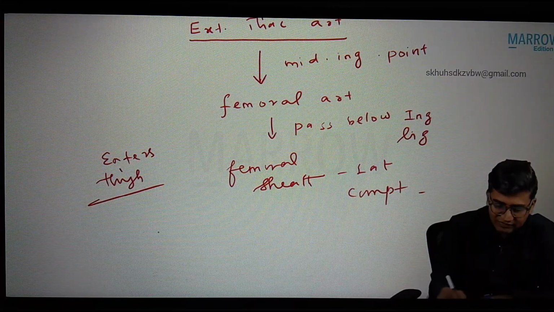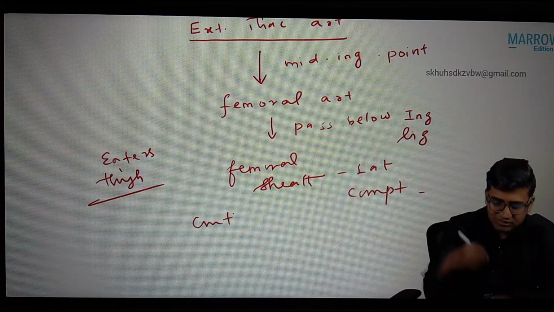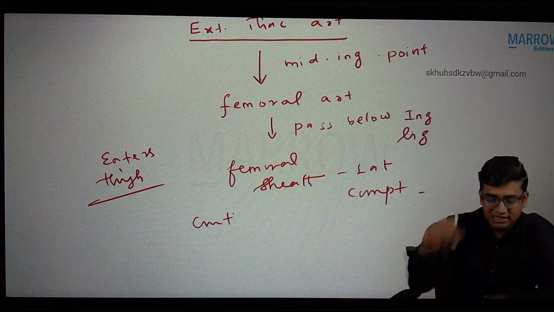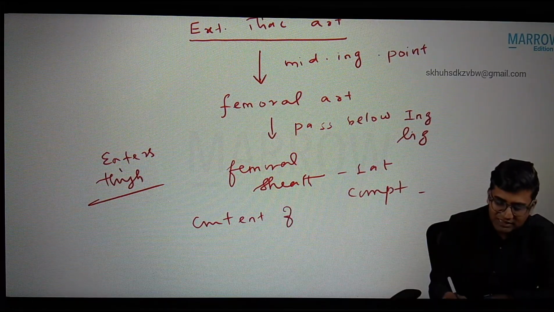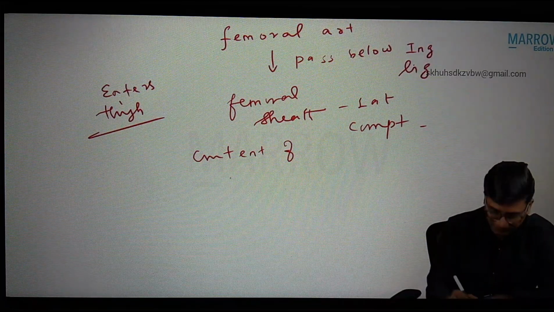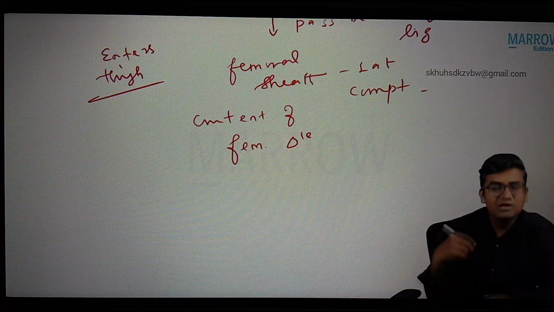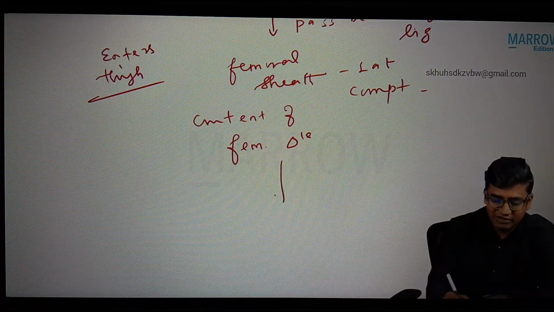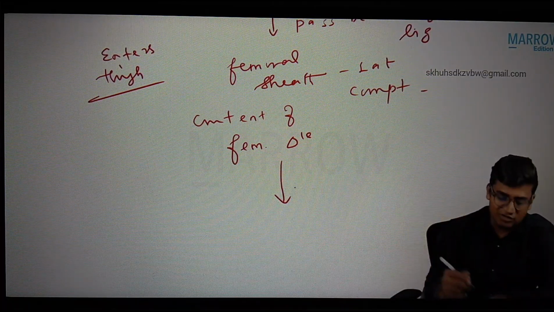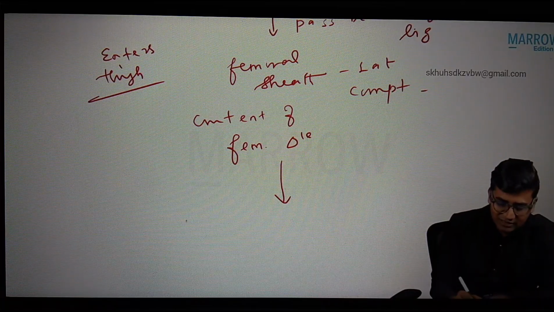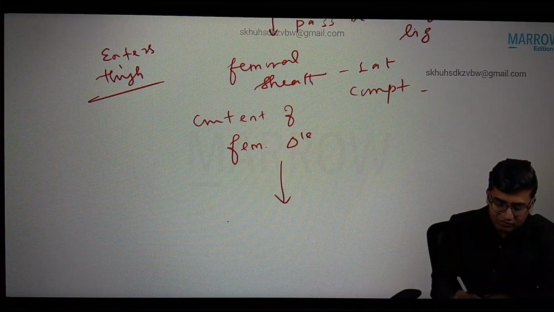So the femoral artery, by being present inside the femoral sheath, also becomes the content of one triangle. What triangle? Femoral triangle. Yes, very good. And then below the femoral triangle, we know we have a canal. What canal? Adductor canal.